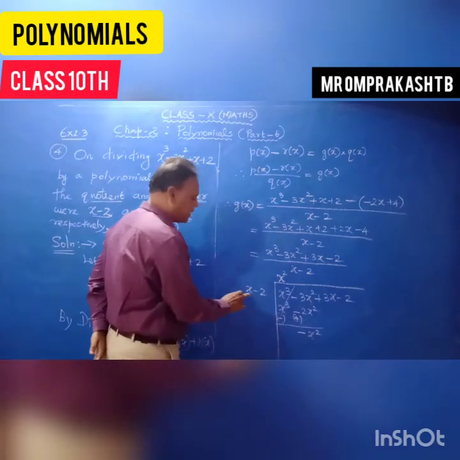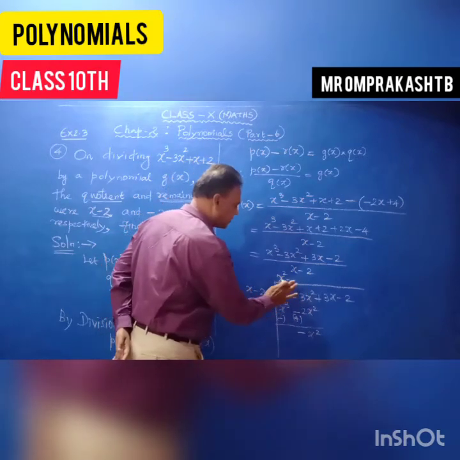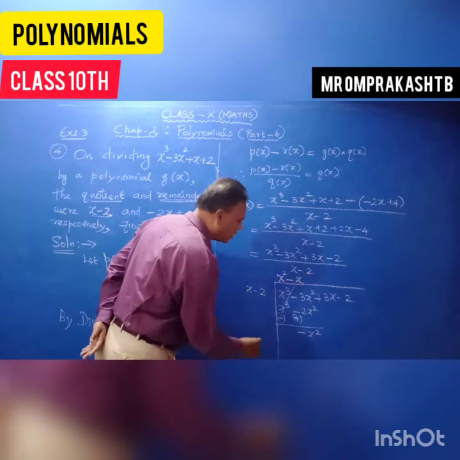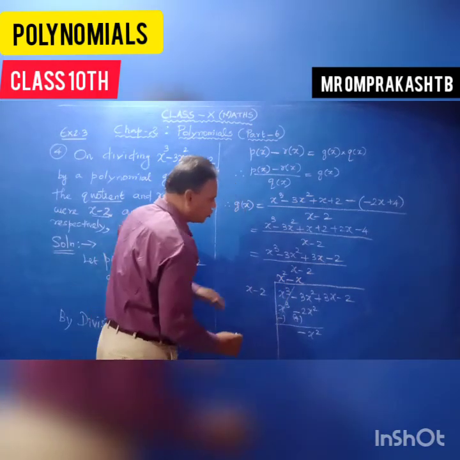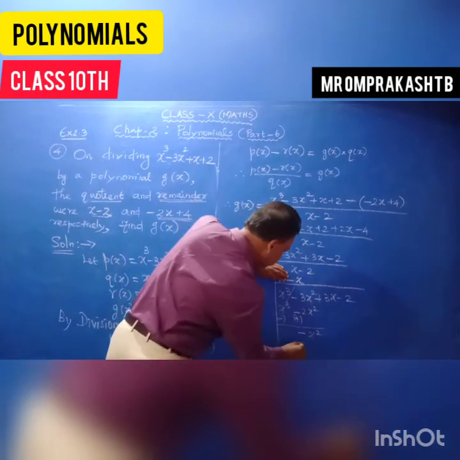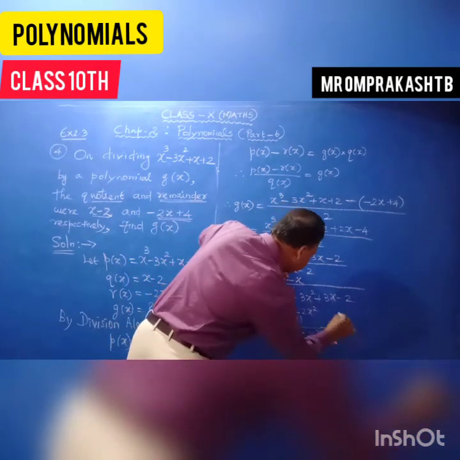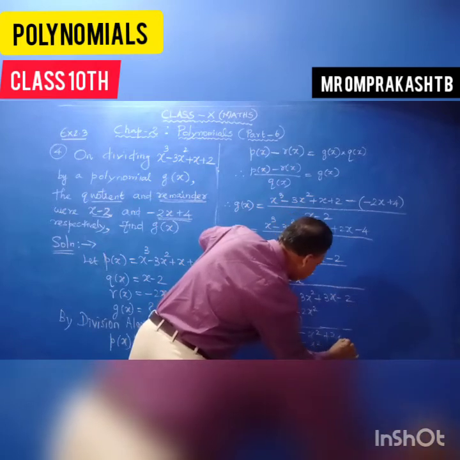Now again divide. Minus x squared by x is minus x. Now multiply minus x by x minus 2; same thing you are getting. Before that you bring down plus 3x minus 2.